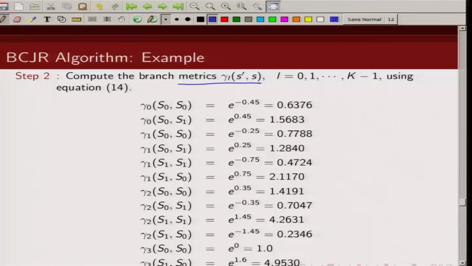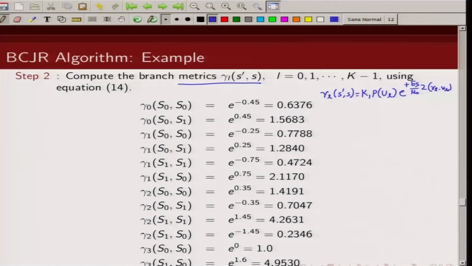Now, how do we compute our branch metric? If you recall, for the AWGN channel, we showed that this branch metric can be written as some constant, let us call it k1, times the a priori probability of UL, and we have exponential of Es by N naught over 2 times RL dot VL.